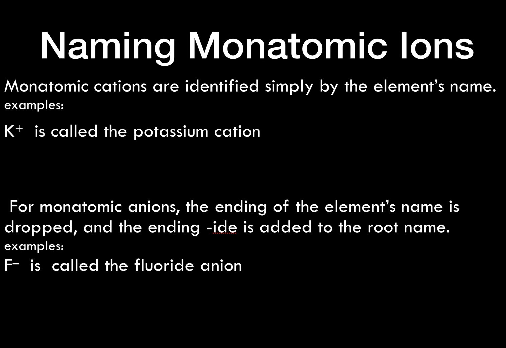So naming monatomic ions. Monatomic cations are identified simply by the element's name. So for example, K plus is called the potassium cation.